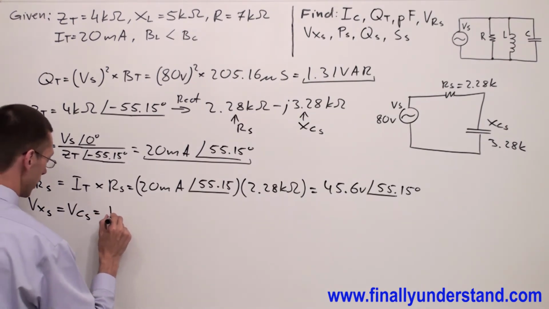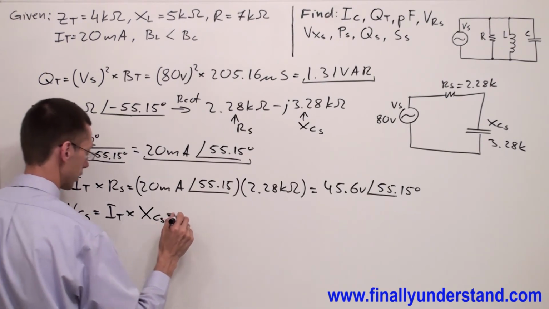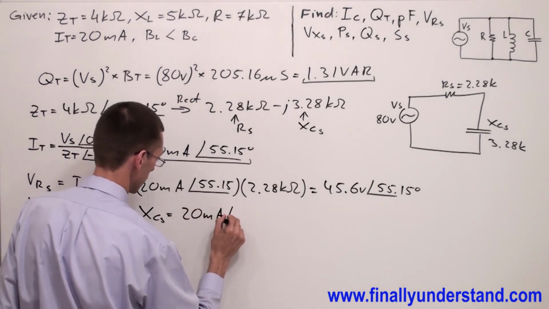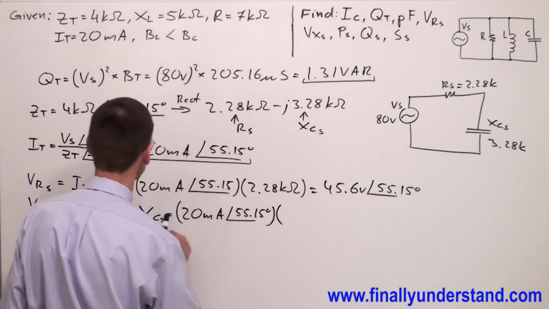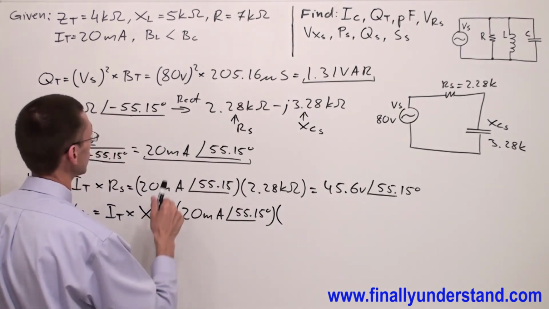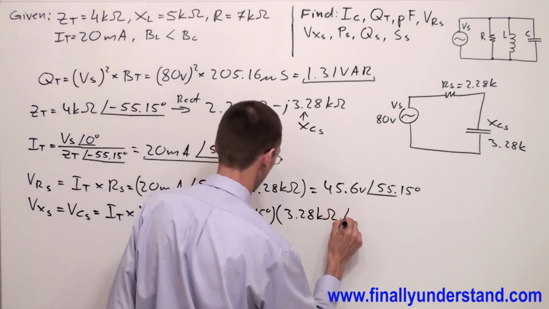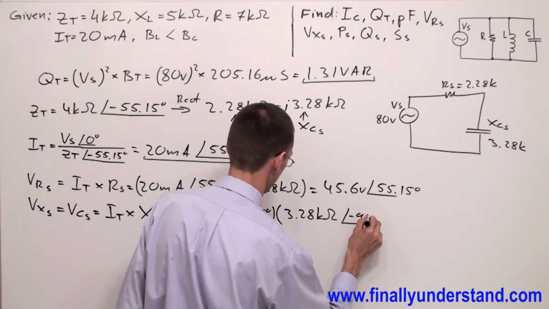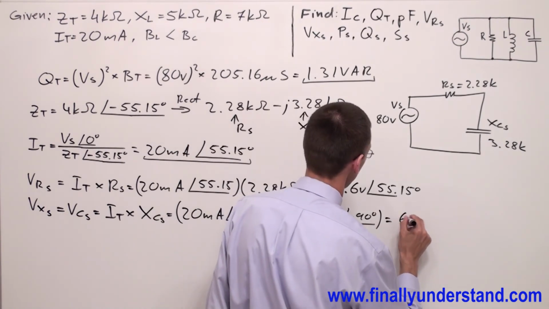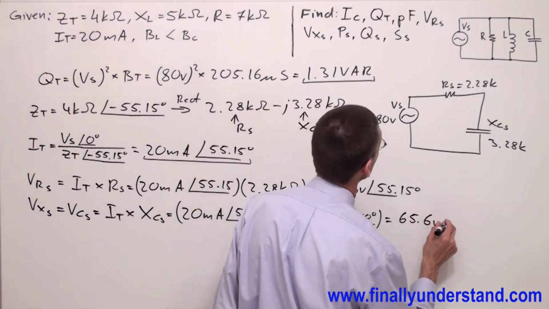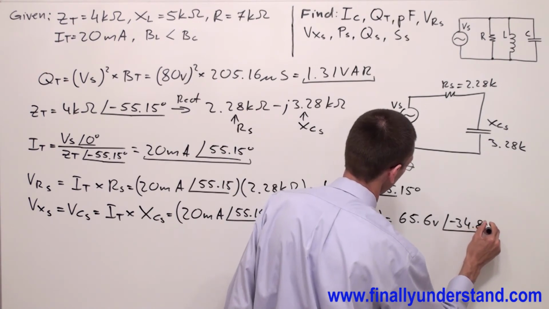This is equal to I total times X of CS, which is 20 milliamps and angle of 55.15 degrees times X of CS, and X of CS we found is equal to 3.28 kilo ohms and angle of 90 degrees, which is equal to 65.6 volts and angle of negative 34.85 degrees.